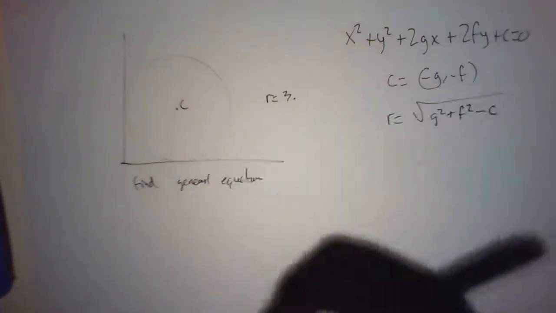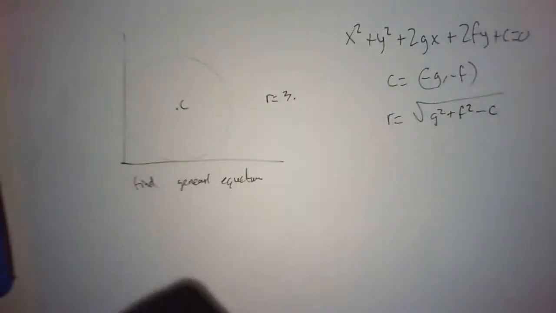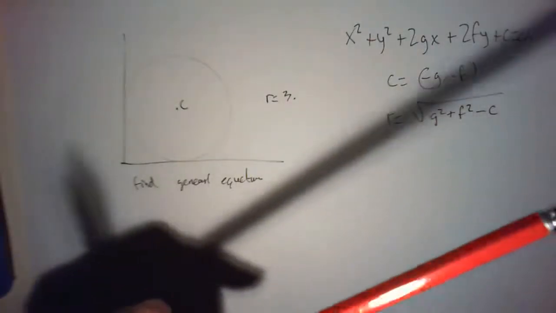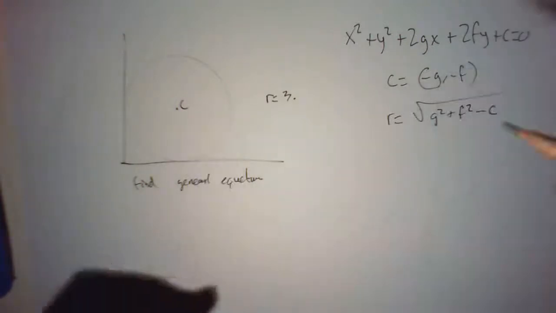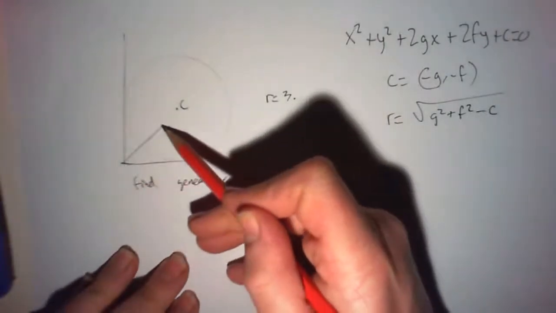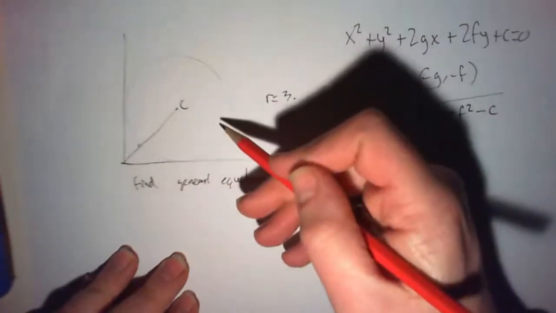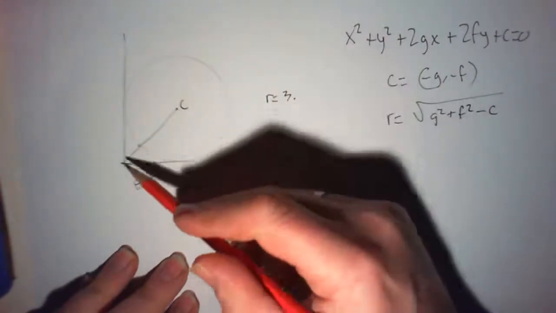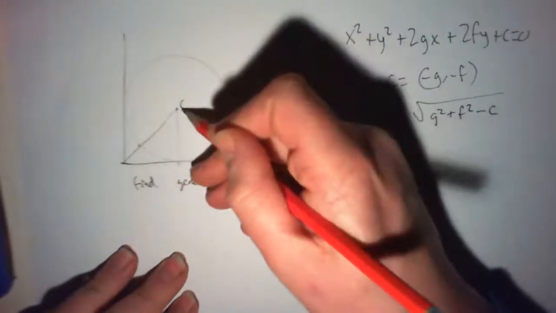Okay, now we're back. So it has a radius of 3. What does that mean? In its easiest sense, a radius of 3 means that this distance here is 3. From there to there is 3. But it also means from there to there is 3.